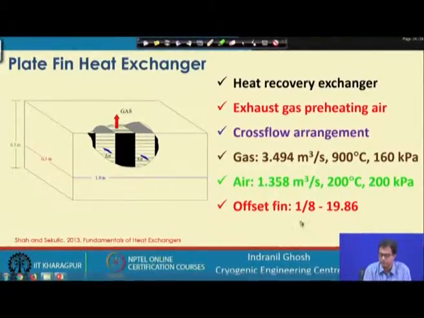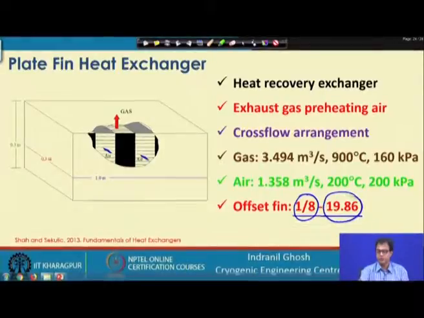This has been taken from the Kays and London compact heat exchanger book, and this is an offset strip fin with 1/8-19.86, which was the nomenclature given in Kays and London. We will look into what this 1/8 stands for, whether it is the lance length or the fin height, and this 19.86 is of course the fin spacing, number of fins per inch.